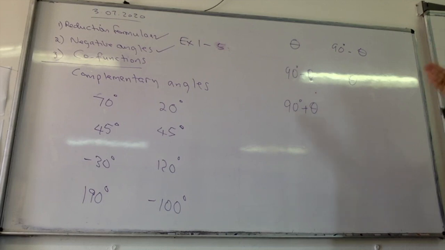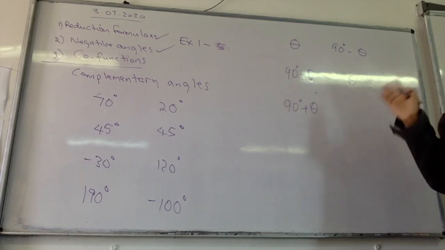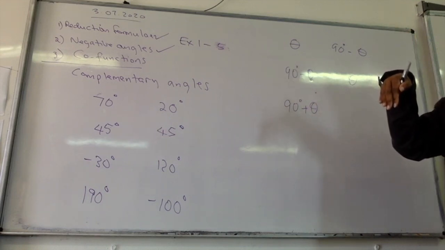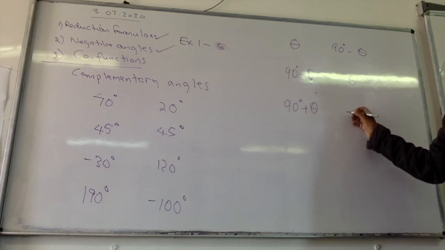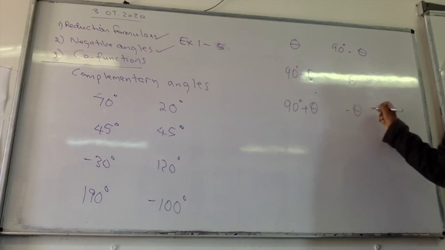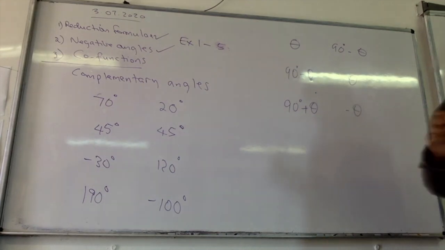Just follow the same pattern. If you know one, then to get the other one, just say 90 subtract the one that you know, right? So what is 90 subtract all this? Is it theta or minus theta? Minus theta. Do you agree? Okay.